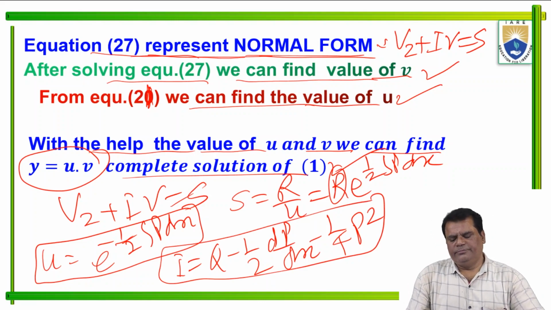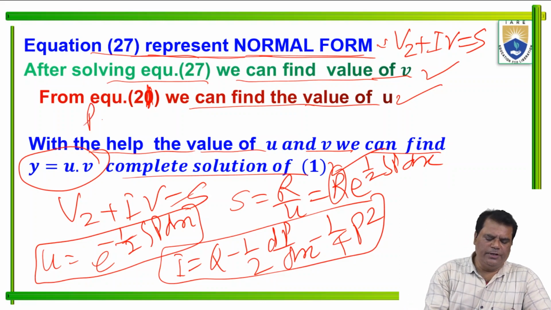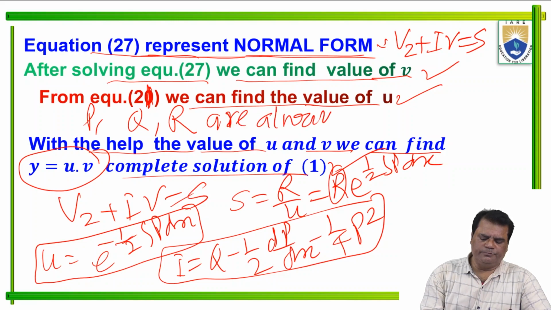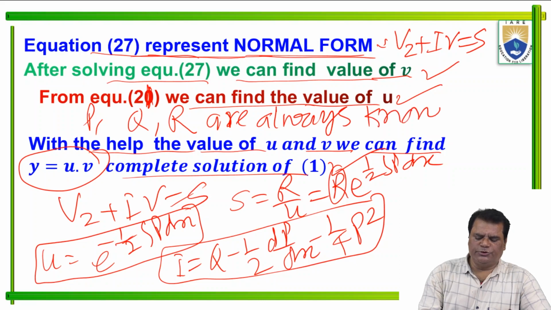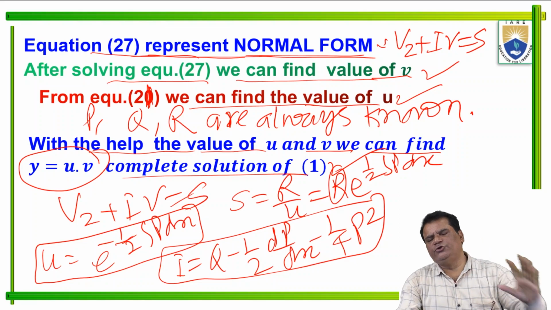P and Q are known. So in our question, the values of P, Q and R are always known.